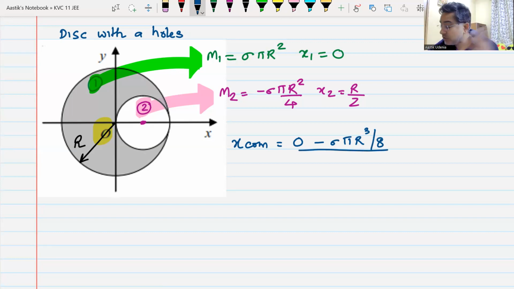Divided by total mass. Total mass is sigma pi r square minus sigma pi r square by 4. Can you now tell me what is the answer that you are getting?